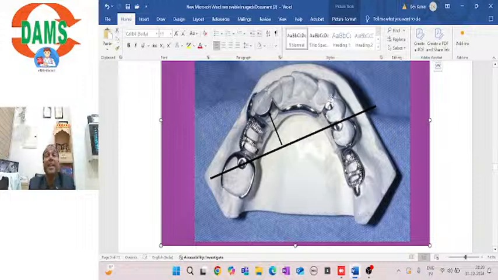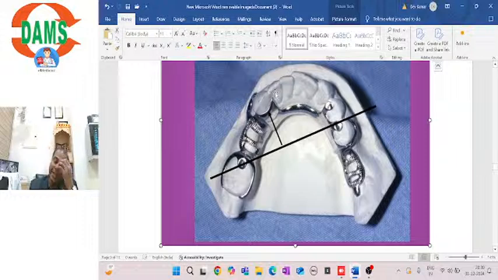Then only the indirect retainer will be more effective. Okay, got it? The indirect retainer will basically prevent the heel effect. Also, it will prevent the rotation in a distal extension case by shifting the fulcrum as far anteriorly as possible, right?